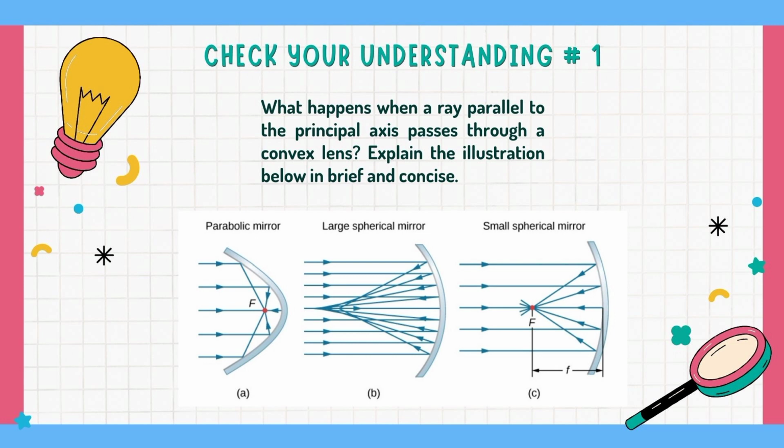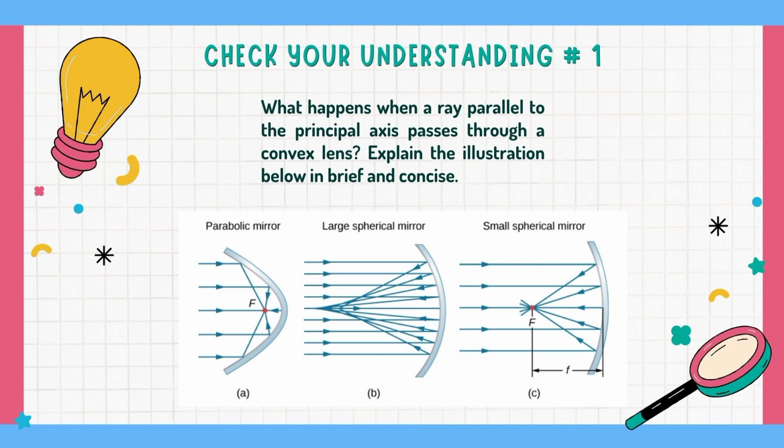In letter B, in a large spherical mirror, the parallel rays reflected from the mirror do not cross at a common point. It is because they are initially going in different directions, if we can notice. Then the image of the source generated by each individual ray is separate and does not cross at a point.